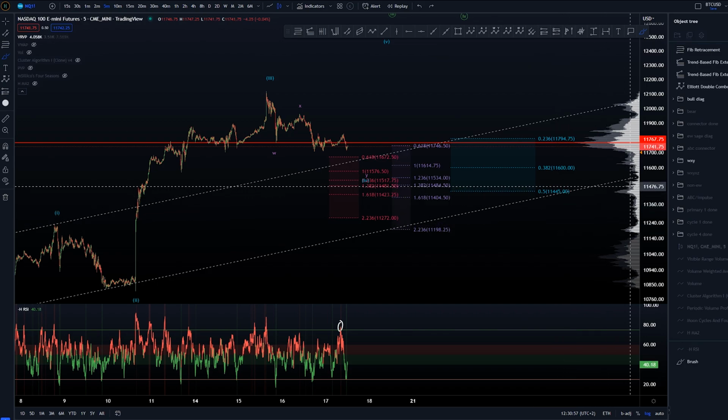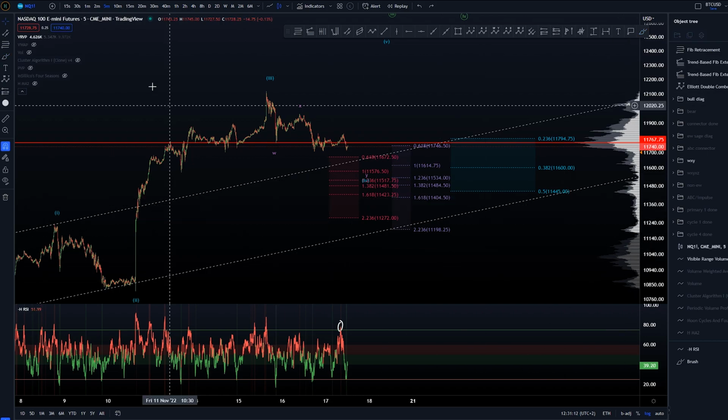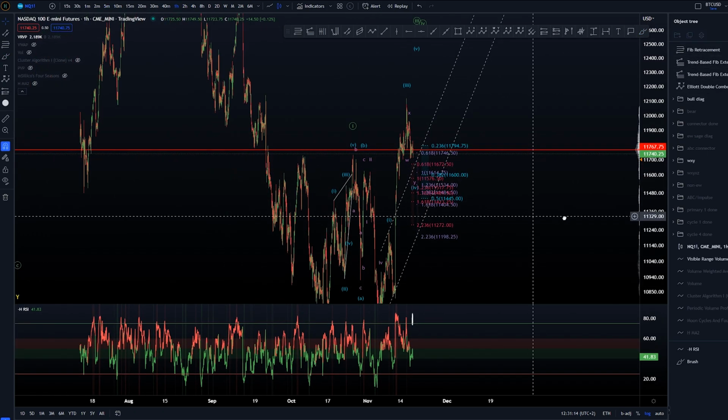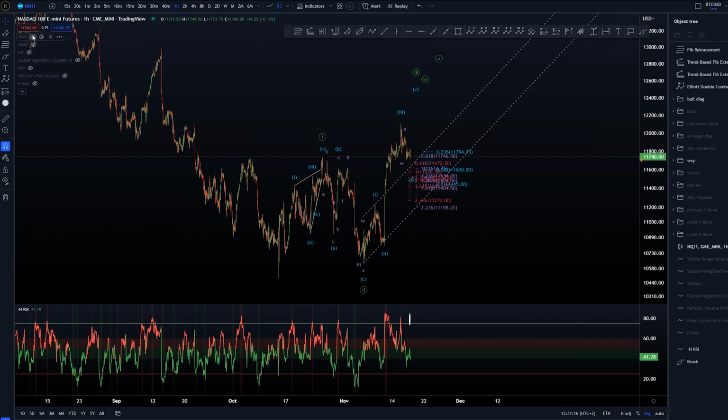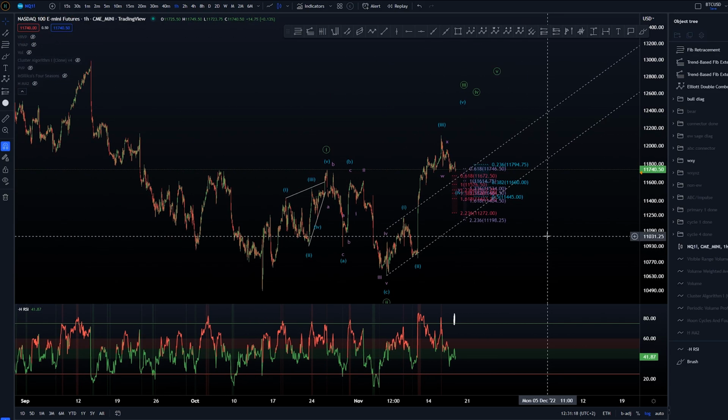So if we are going to go below this volume profile area of 11.4k, there we go. If we go below that, then this is most likely again not a wave 4 anymore. So that's where you would be setting that stop loss, or I would at least.